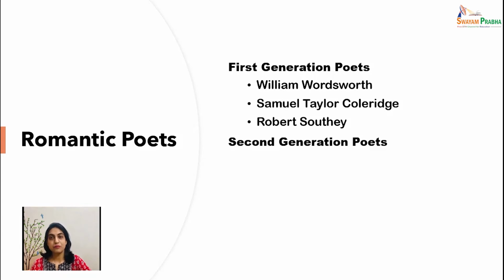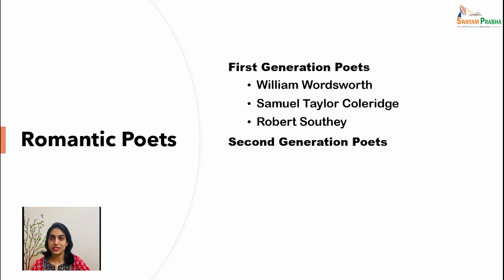So, as the first generation poets, we will be discussing Wordsworth, Coleridge and Southey, who were also called together the Lake Poets. Since all the three poets belong to the Lake District of England, they are known as the Lake Poets.